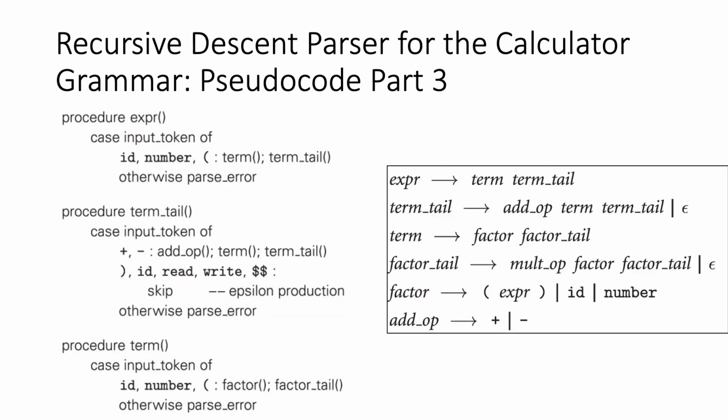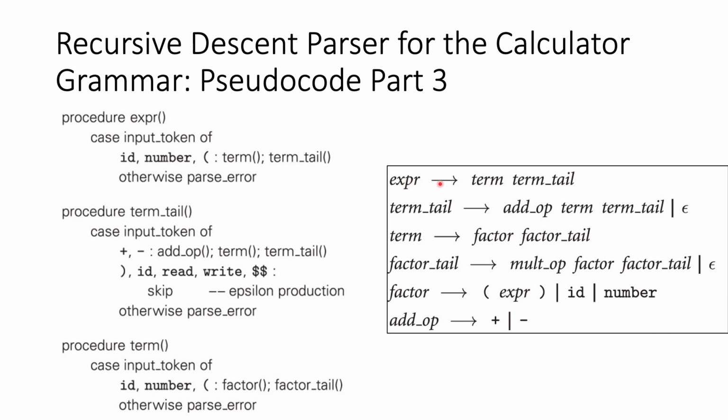This is the third part of the recursive descent parser for the calculator grammar. It consists of the subroutines corresponding to the non-terminals EXPR, term tail, and term. In the subroutine for EXPR, there's only one production with EXPR in the left-hand side.